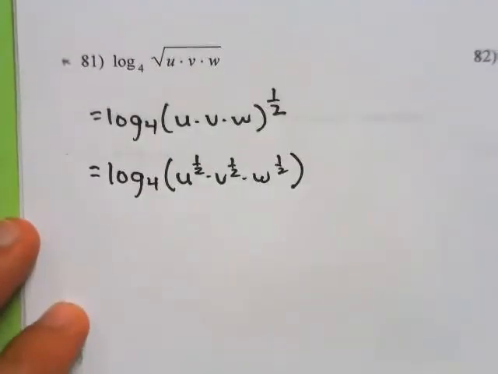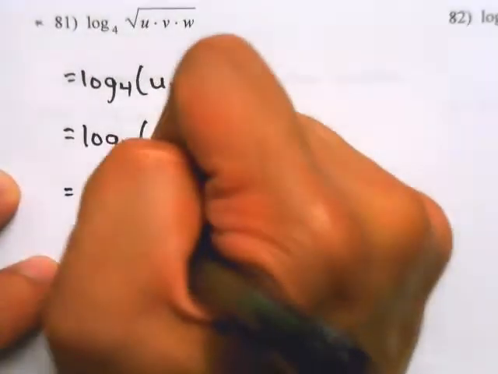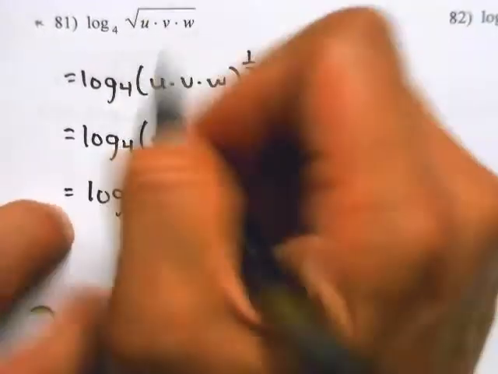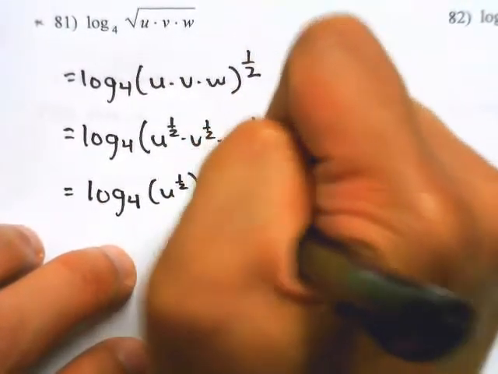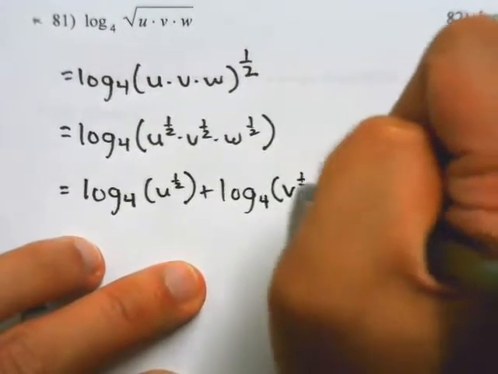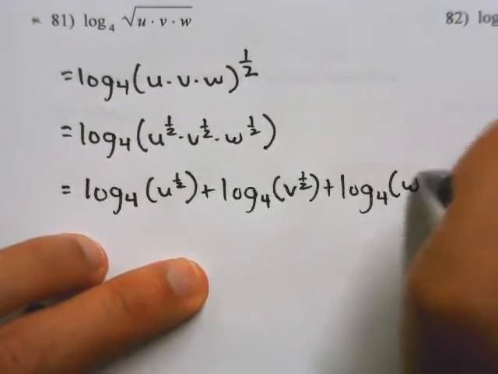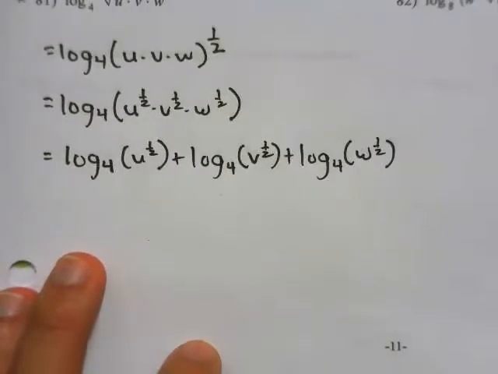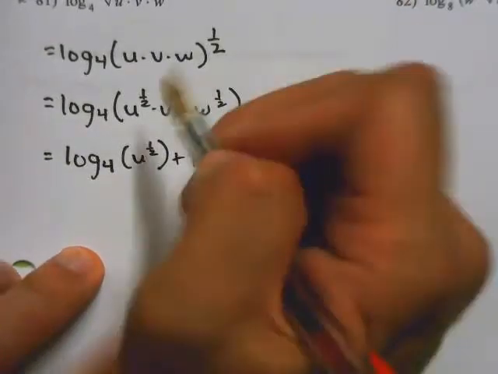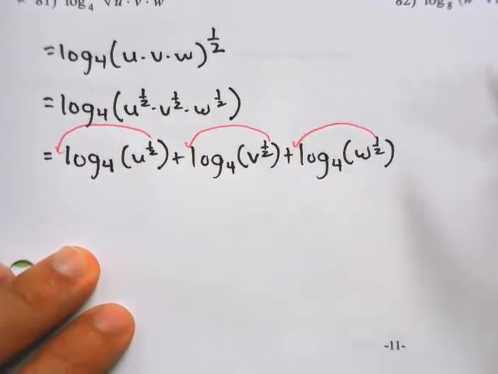And then from there, you can split them up using addition. Log base 4. Last but not least, those 1/2s can be up front, and you are done with 81.